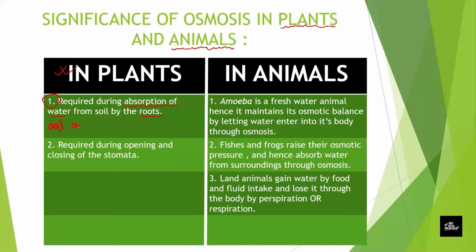Osmosis is required for the absorption of water and minerals by the roots. The second important point in plants is that it is required during opening and closing of stomata. This point involves the phenomenon of turgidity. I hope the ink is not too bright; let me change the color of the ink quickly.